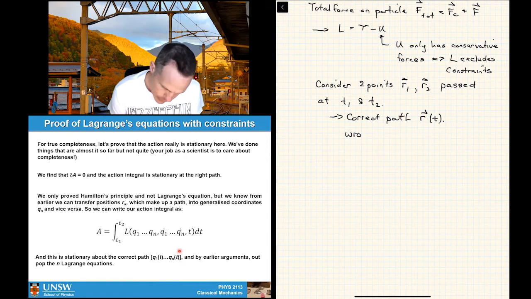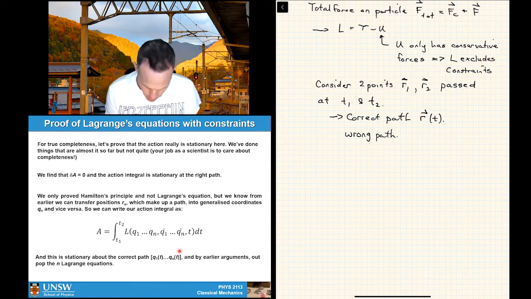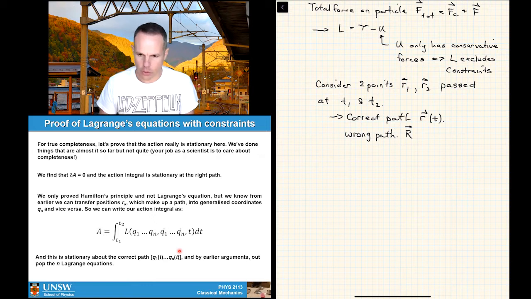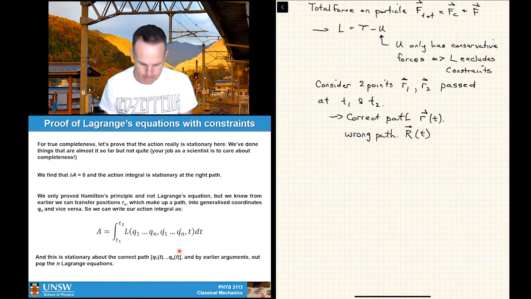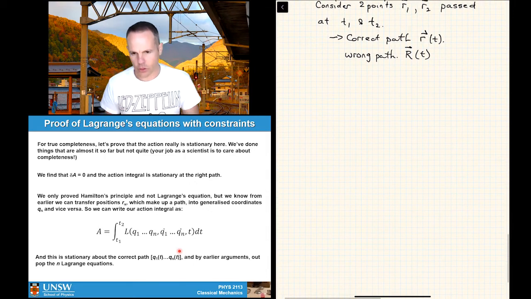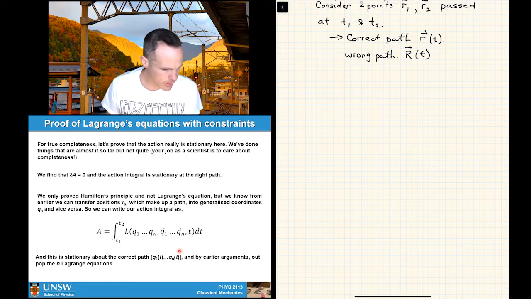You'll remember the way we did this was we have our correct path, let me draw it in a second. We're going to call this big R, just to follow the notation in Taylor, of T. If you wanted to use W for wrong, you don't want to get confused with work, so let's keep this simple.